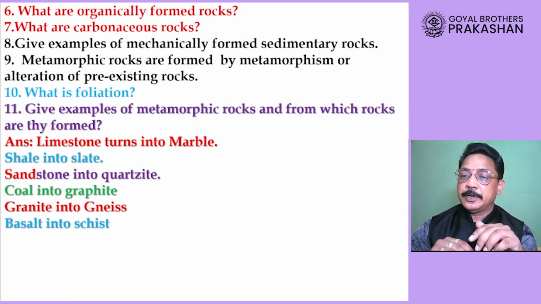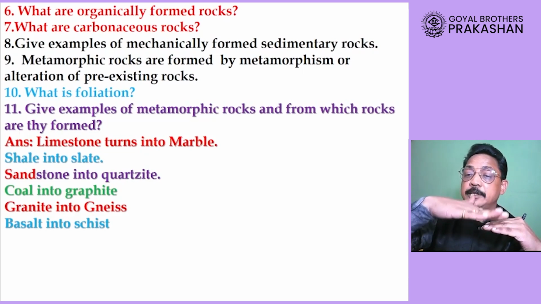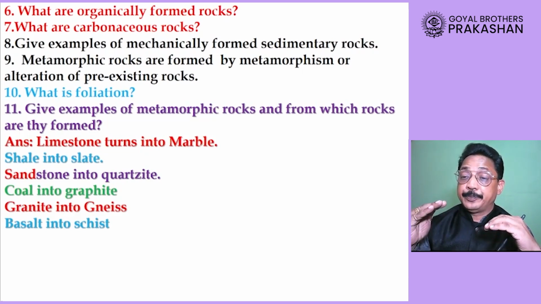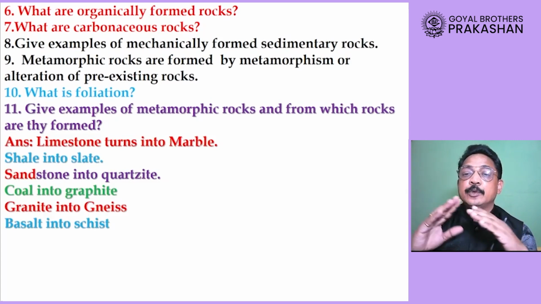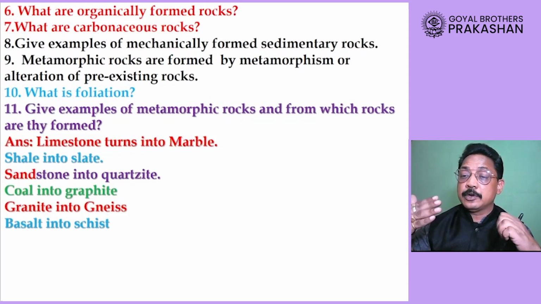Now please remember that when the plants and animal bodies get buried under the earth, because of the pressure exerted by the other layers, the material that is present in the body of these plants and animals begins to disintegrate except carbon, which ultimately turns into the rock called as coal, which is a type of sedimentary rock.